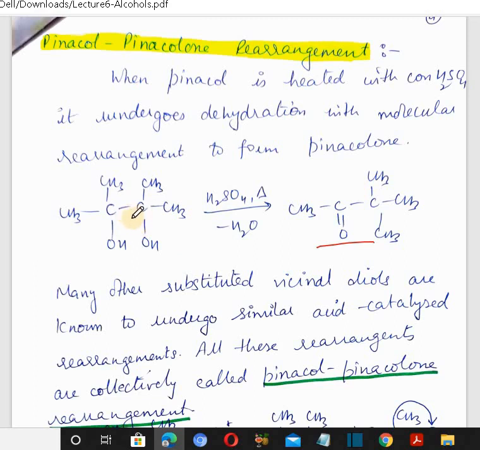In this the carbons having OH groups are generally pinacols and this is the pinacol. When it is heated with sulfuric acid, water is removed, that is dehydration takes place and this molecule is formed which is pinacolone. So pinacol is rearranged to pinacolone in the presence of H2SO4. It is called the pinacol-pinacolone rearrangement, or we can say it applies to many other substituted vicinal diols.